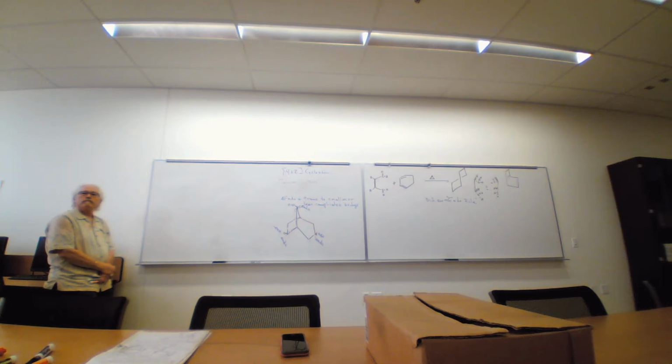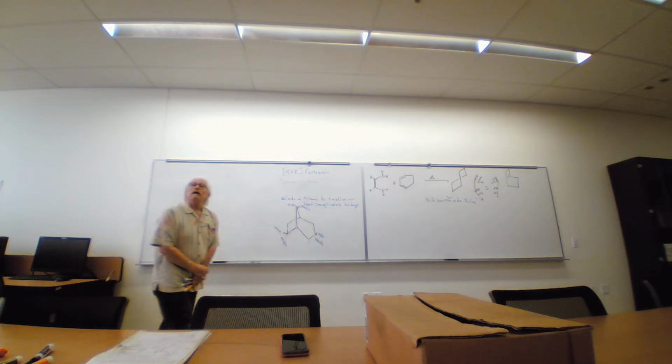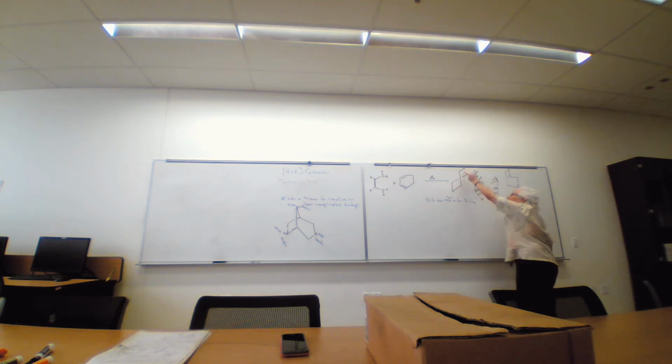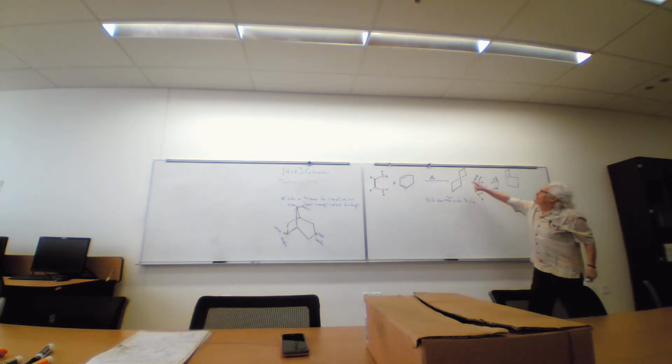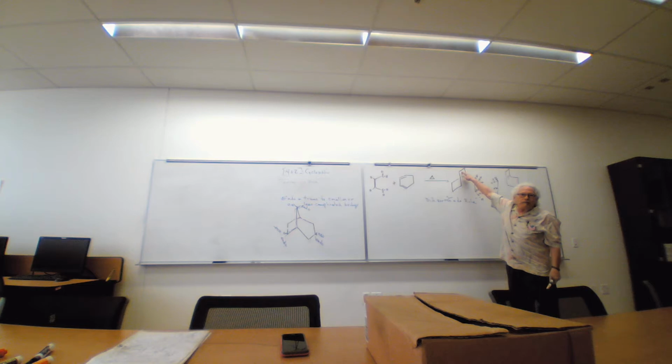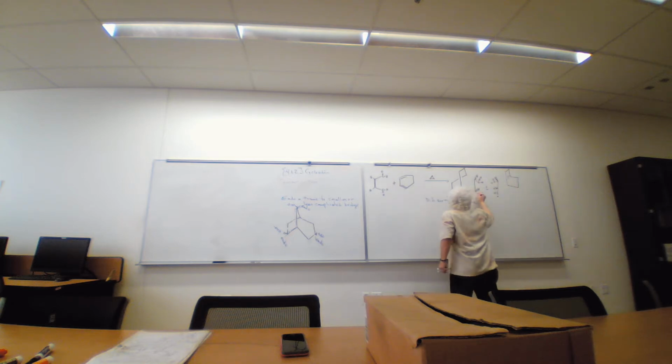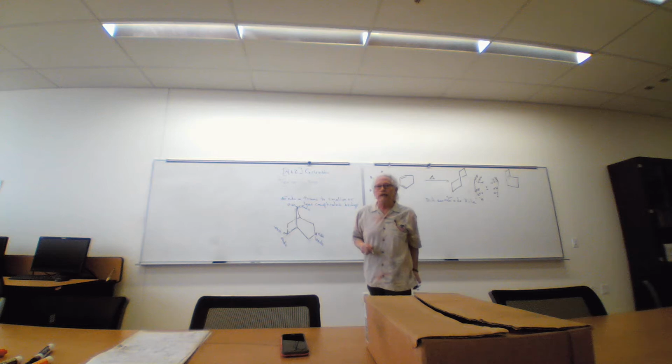So the less complicated bridge is right here. Because over here, both of these are 2 carbon bridges. But this is less complicated because it doesn't have the double bond. Okay? Look at the substituents here. Where are they? Trans to the less complicated bridge.